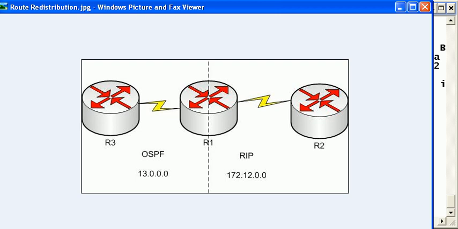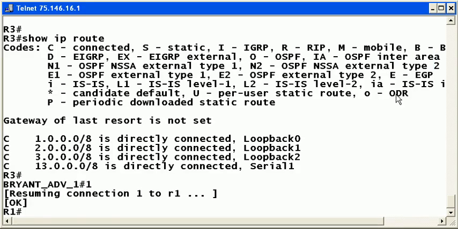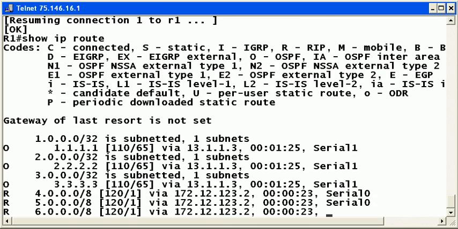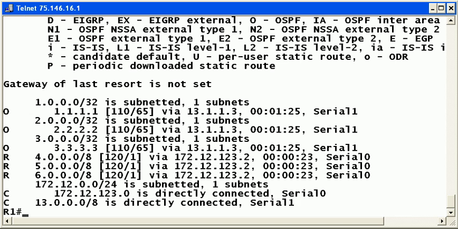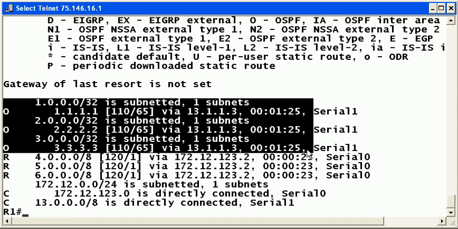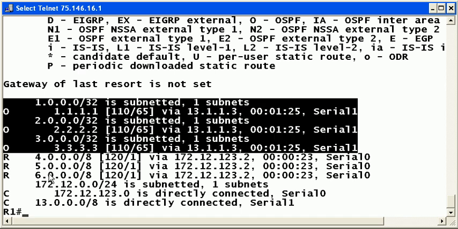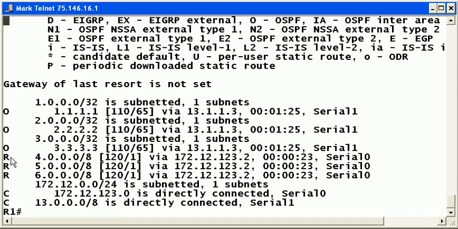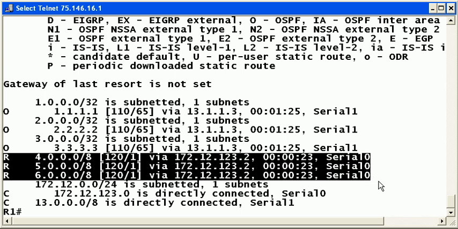We're advertising 3 loopbacks into RIP on router 2. We're advertising 3 other loopbacks on router 3 into OSPF. So router 1, as we saw, is going to see all of those particular networks. You can see here at the top of the routing table, we've got 3 OSPF routes that it's learning from router 3, and we also see 3 RIP routes as well.